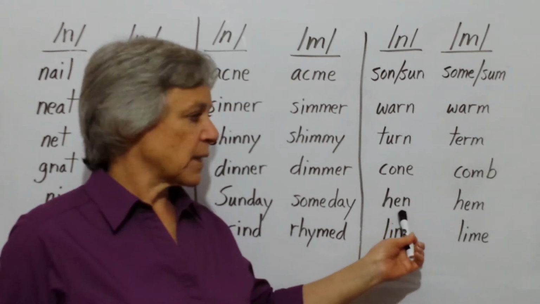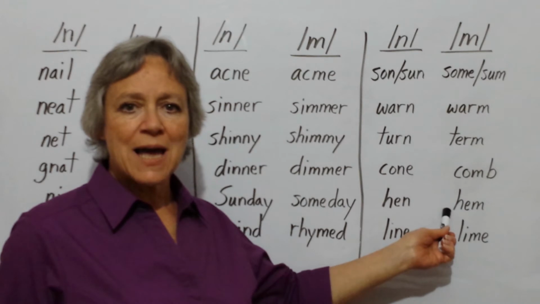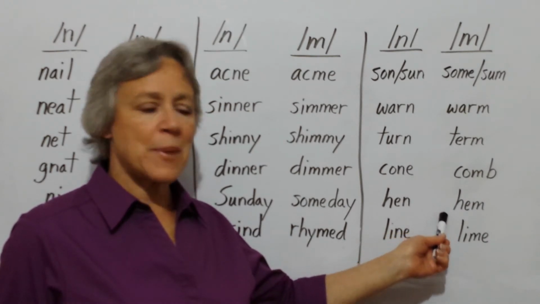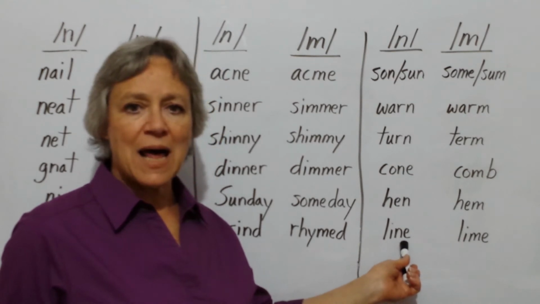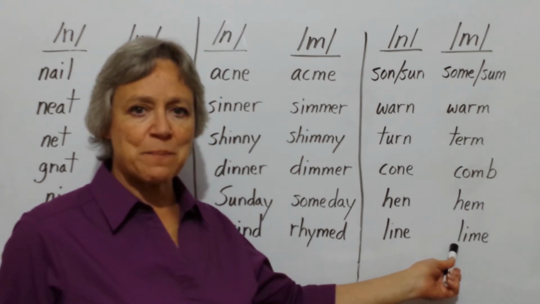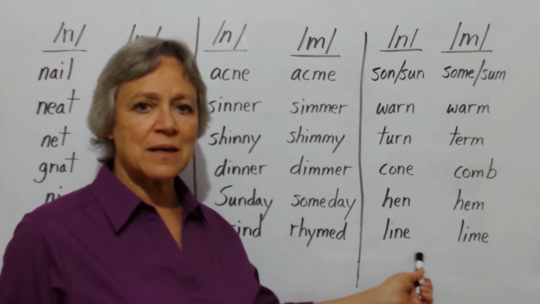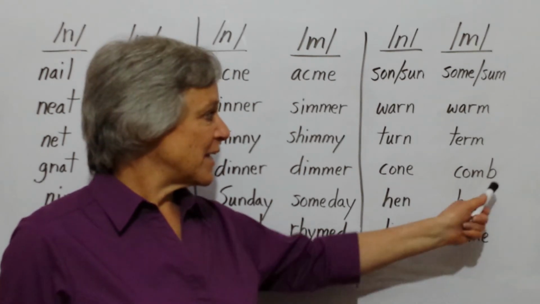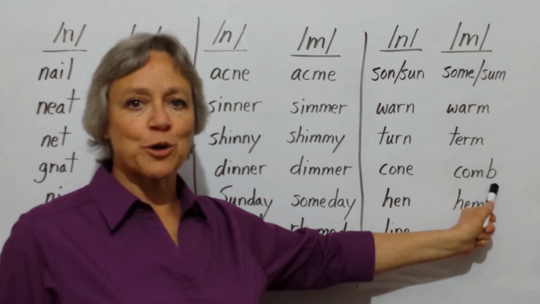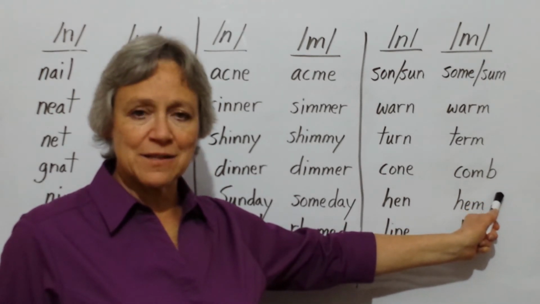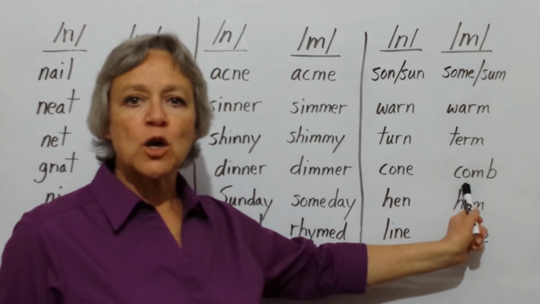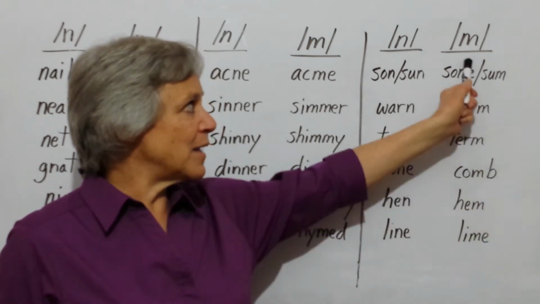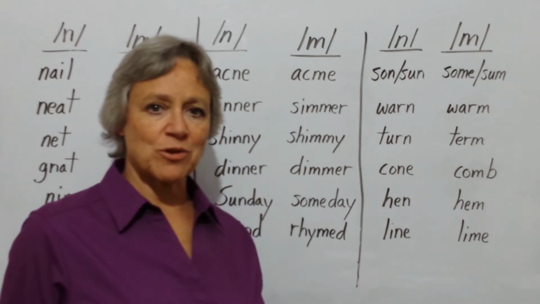Hen, hem. Line, lime. Okay? And I hope that you noticed that I did not pronounce this letter B. Okay? It's silent in this word. So this is comb. It of course ends in the M sound.